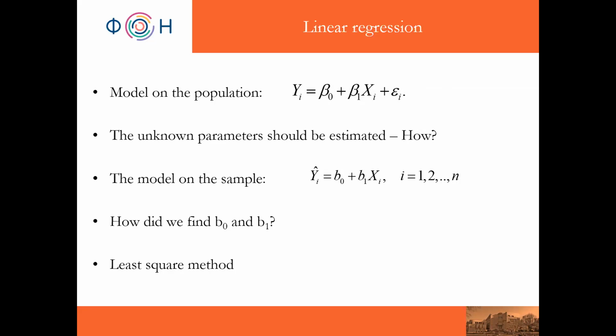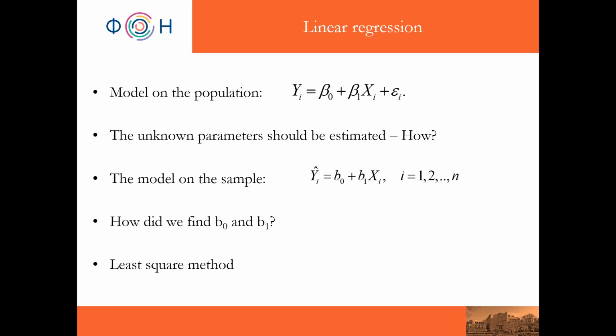From our population, we take a sample, and on our sample, we conduct analysis, and we come up with the estimated model, or the model on our sample. So in practice, we don't know beta 0, we don't know beta 1. Based on the data which we have collected, we are going to estimate beta 0 with b0, and beta 1 with b1.